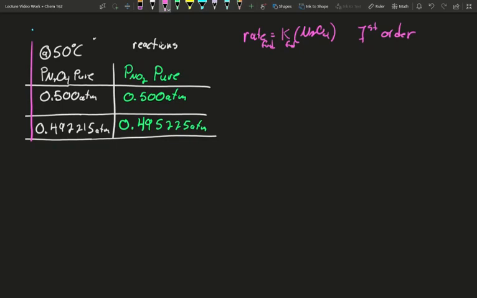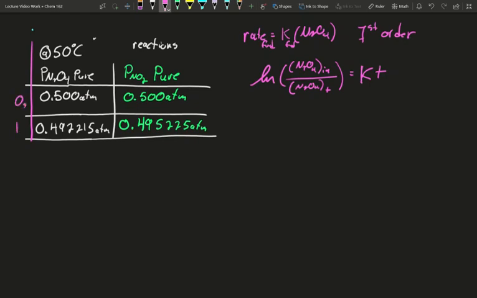Being that it's first order, we can use the integrated rate law for the first order reaction. Ln of the pressure at initial divided by the pressure at time must be equal to Kt. We don't really have any specific rate info. Yeah, we have a little concentration over a little time. We could probably puzzle it out. However, we also simply know the amount the concentration changed versus time.